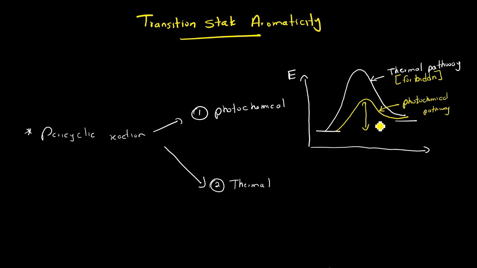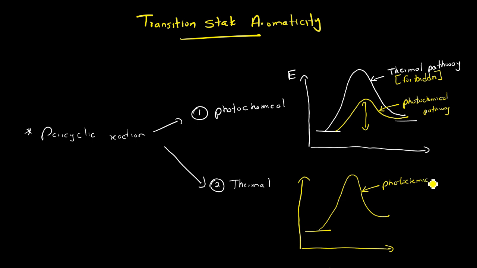Now, if your pericyclic reaction goes through the thermal pathway, the energy diagram would look more like this. So the energy related to the photochemical pathway has a relatively higher activation barrier compared to the thermal pathway.